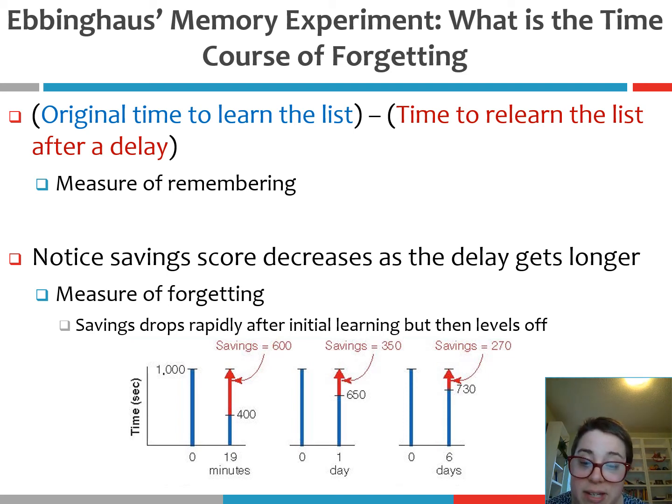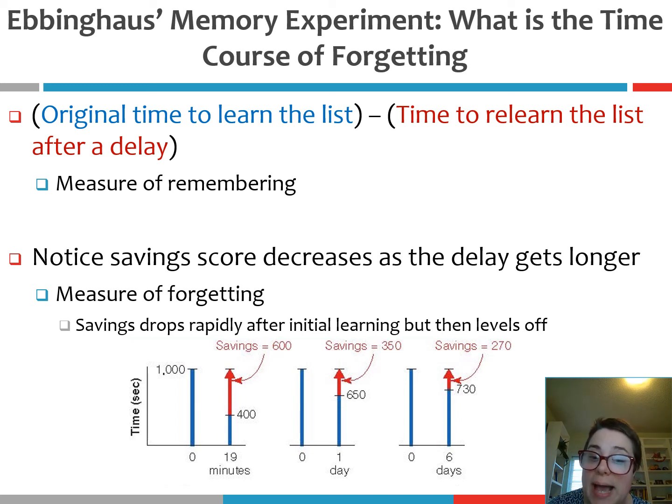So initially, in the first graph, his savings was about 600, but when the delay increased from 19 minutes to 24 hours, right, that savings dropped from 600 to 350 seconds, right?